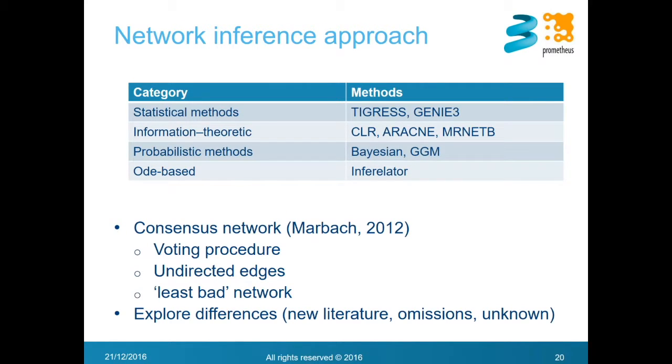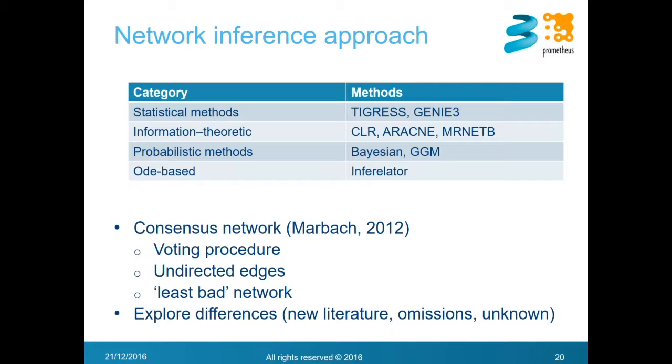Since we are not bioinformaticians and we don't have a preference for any of the inference methods, we used a consensus network approach where we implemented 8 different inference techniques. And then, based on a voting procedure, we went for the least bad network, the consensus network. So the network that actually appeared in all of these inference techniques, that was the network that we went for.